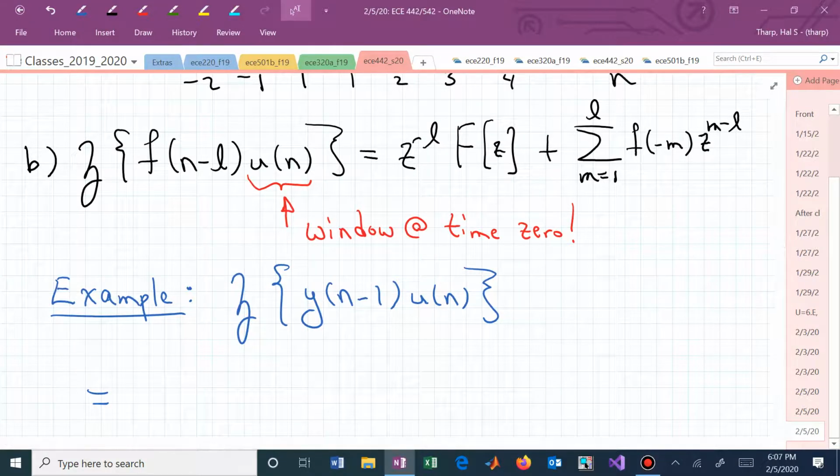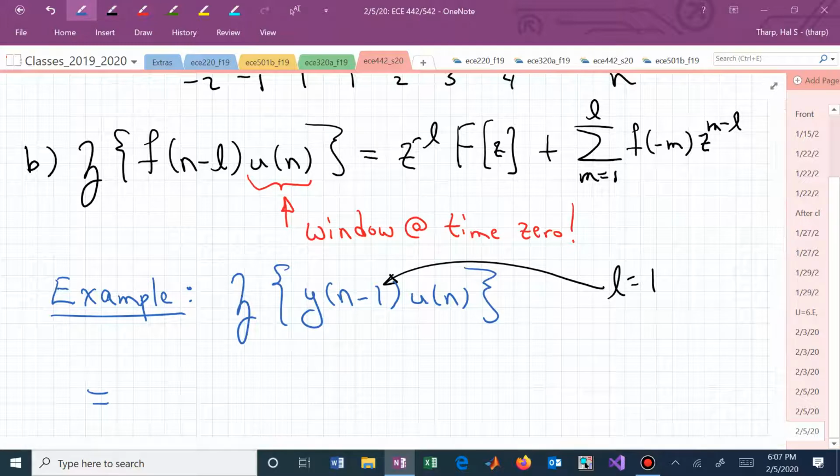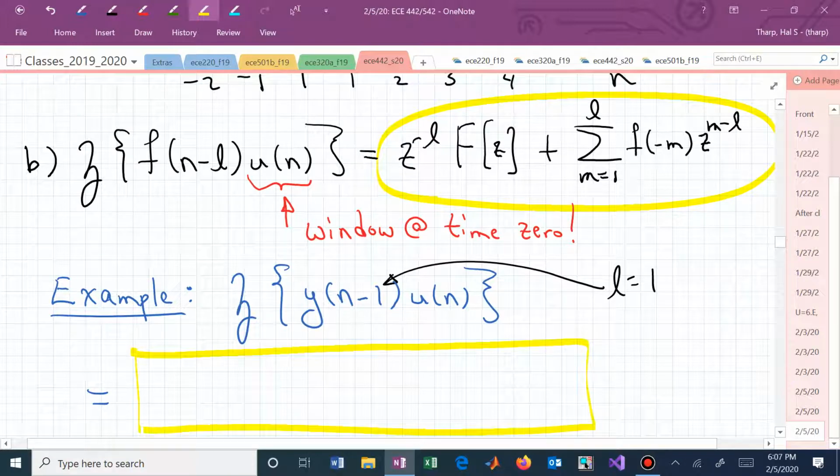If this is now L equal 1, I want you to use this and put it here. Can you tell me what goes in the yellow box? It's now z to the minus L, and L was 1.